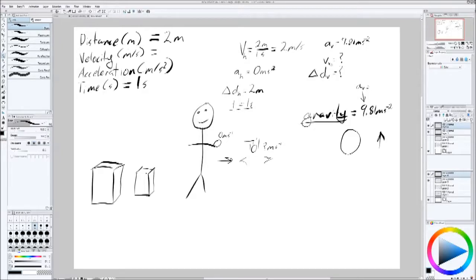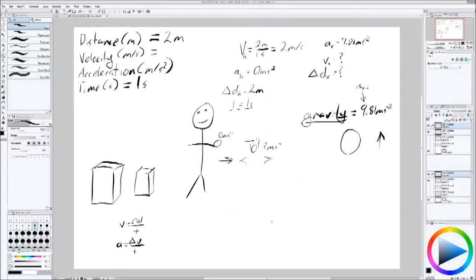And so normally with just a two-dimensional system, we'd be using V equals change in D over T, change in distance over time, and then acceleration would be change in velocity over time. That only works with just the straightforward forward and back one-dimensional system. So in comparison here, we have to think a little bit differently.